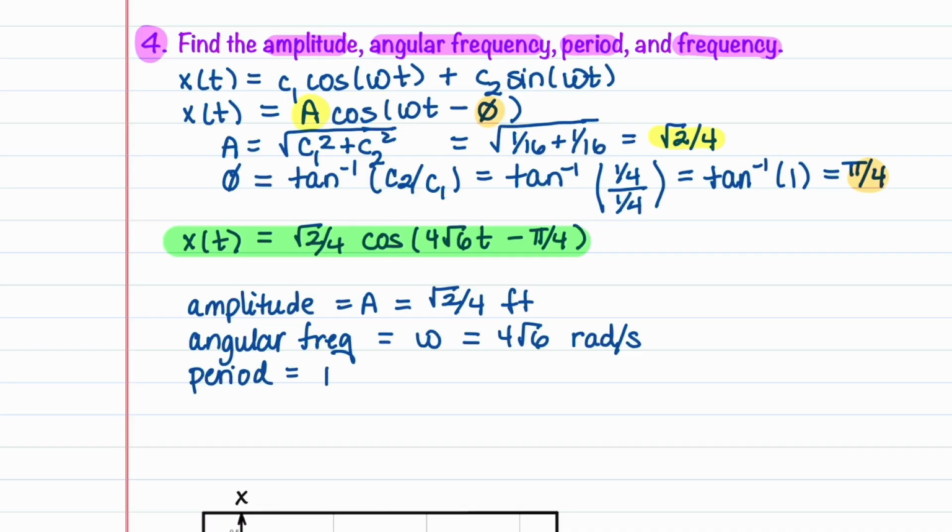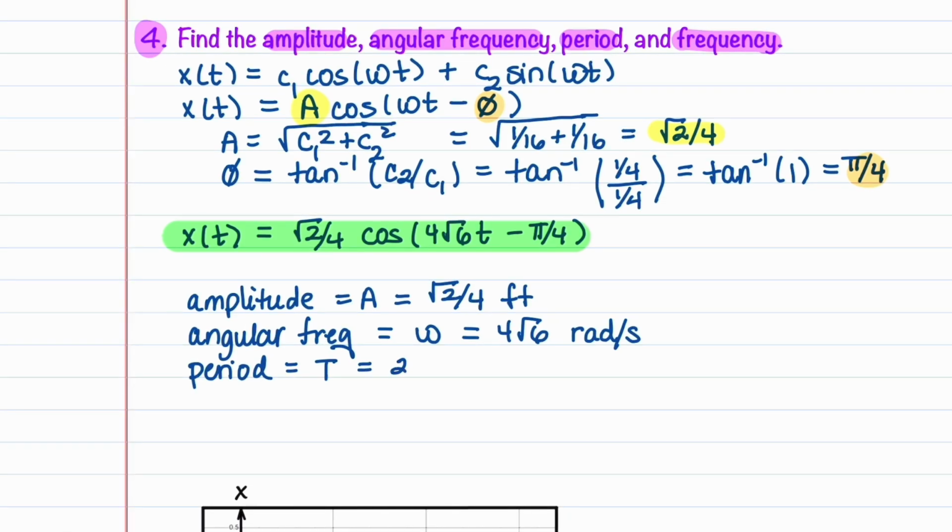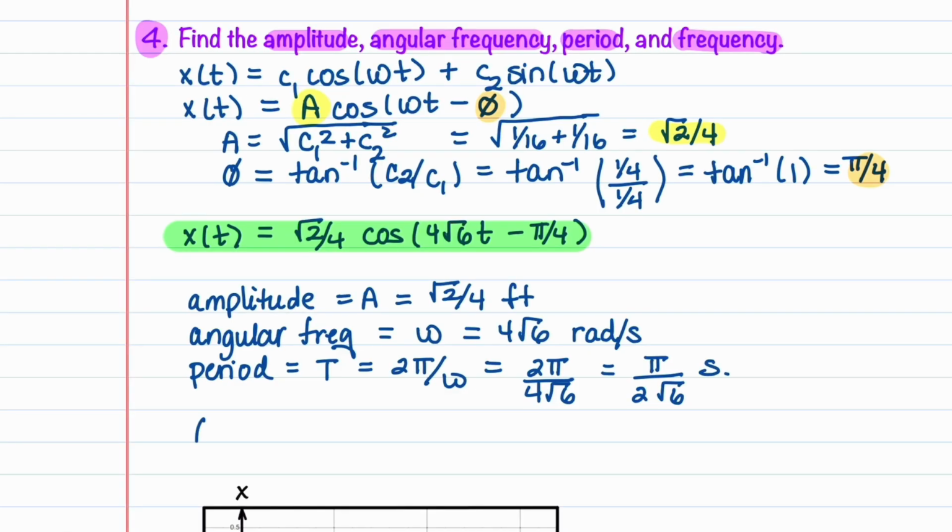That is represented by the capital letter T, and it is equal to 2 pi divided by omega. So this is 2 pi, all divided by 4 root 6. The 2 can cancel out, and this gives us pi divided by 2 root 6, and the units are going to be seconds. Now we only have one more, and that is the frequency.